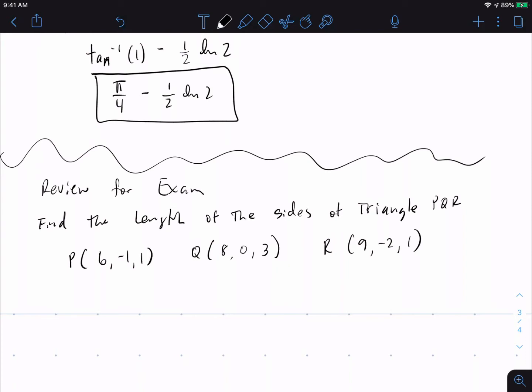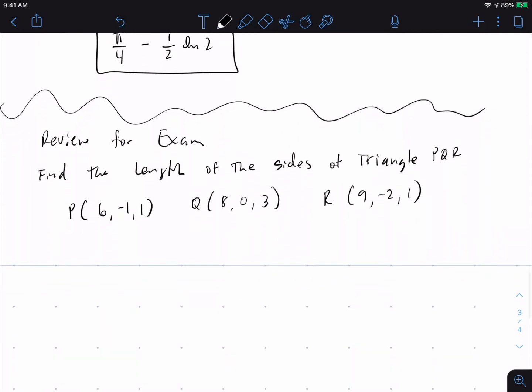So if we want to find the lengths of the sides of the triangle, how can we do that? Get the vectors and then the magnitude of the vectors. Yeah. So we're going to have to find the vectors and then find the magnitude of the vectors. So how many vectors should we end up having in this case? 3.